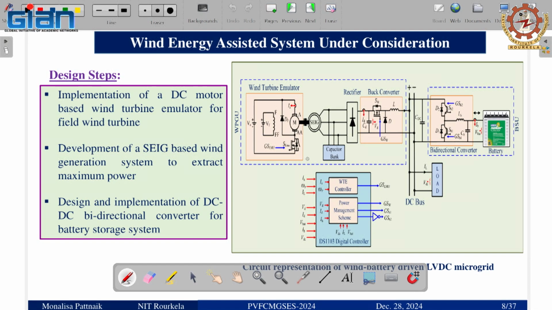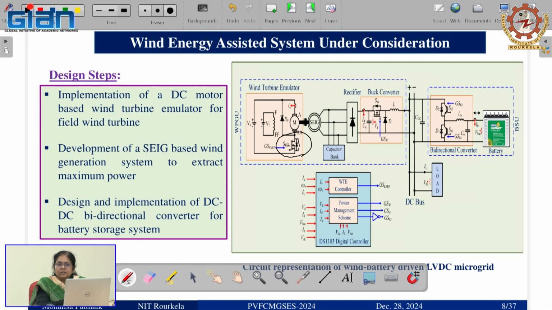If you see, this is the wind turbine emulator, where it is operating as a buck converter. So we are regulating the armature voltage for a separately excited DC motor. So here, by controlling this switch, we are controlling the armature current, which is giving the wind turbine characteristics. Okay, so we have modeled.